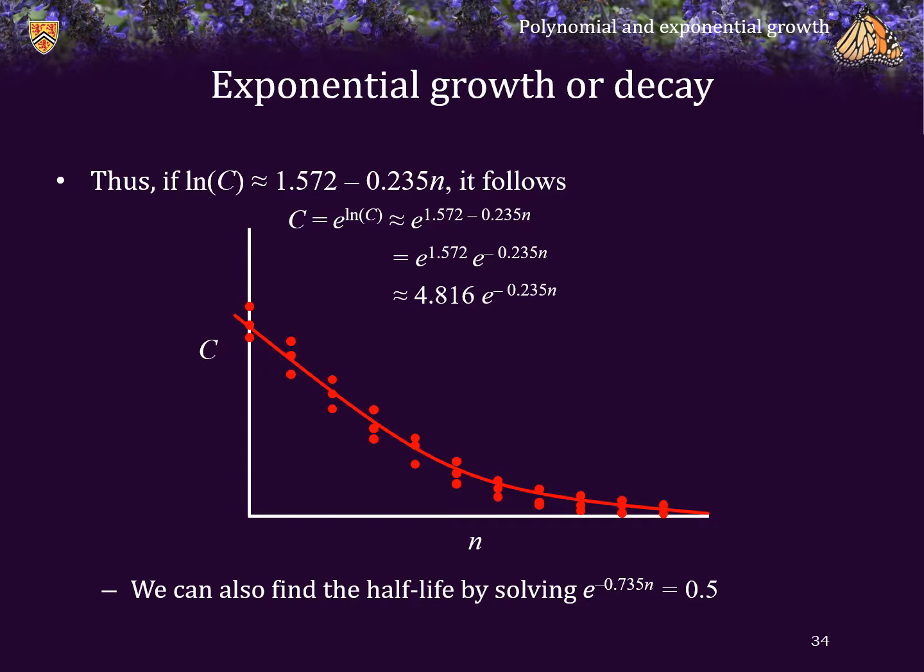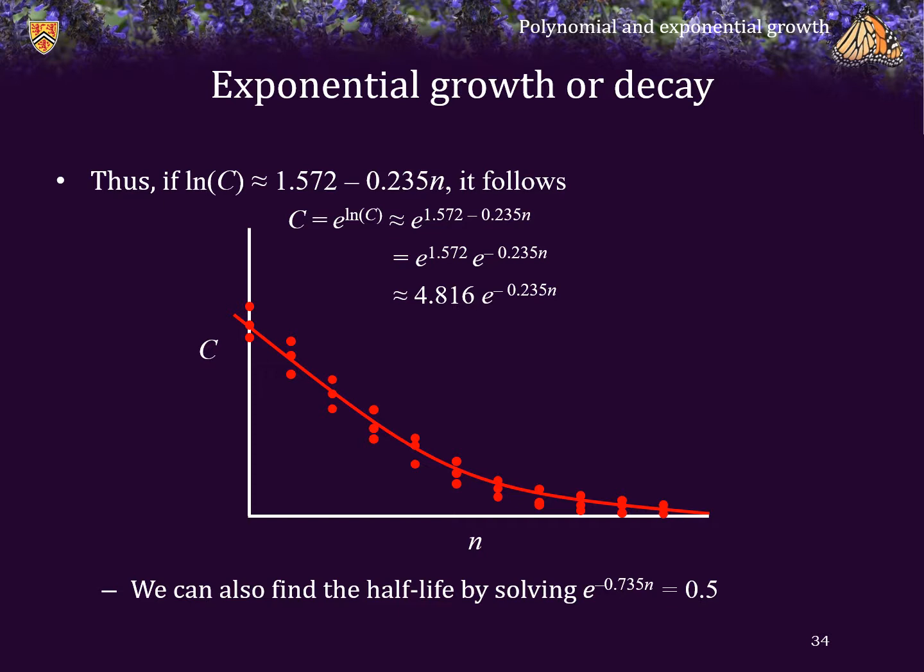Now, interestingly enough, we can also find the half-life by solving for what value of n is e to the negative 0.235n equals 0.5, or half. So at time n equal to 0, the quantity is 1. How large does n have to be for this to equal 1/2?